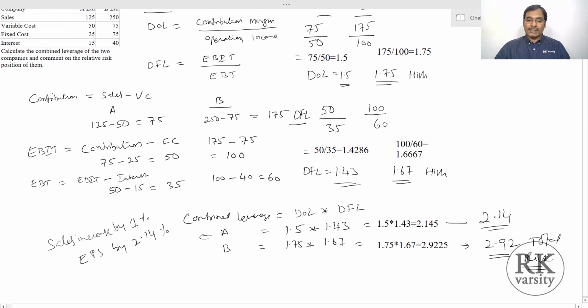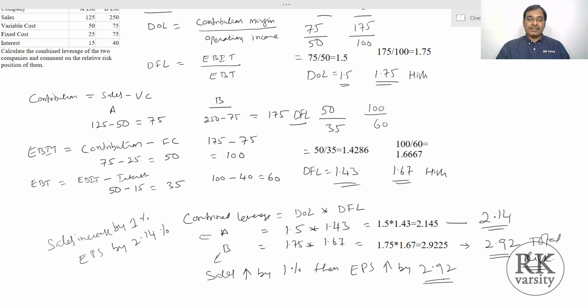On the other hand, for company B, if its sales increase by 1%, then its earnings per share will increase by 2.92%. So the combined leverage measures the relationship between sales and earnings per share.